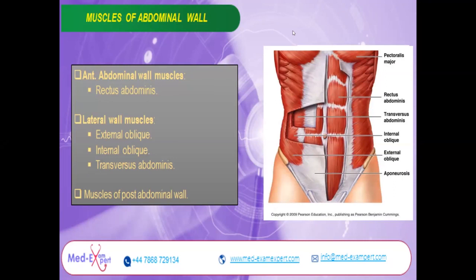The abdominal wall muscles are divided into three bulky groups: the anterior wall muscles, the lateral wall muscles or anterolateral muscles, and the muscles of the posterior abdominal wall. In this lecture we will focus more on the anterior abdominal wall and the lateral wall muscles.